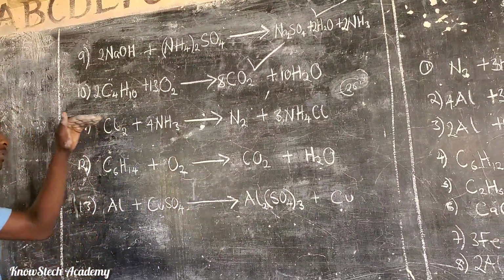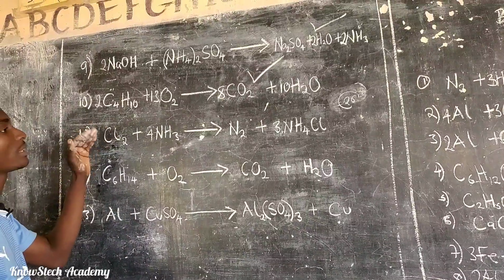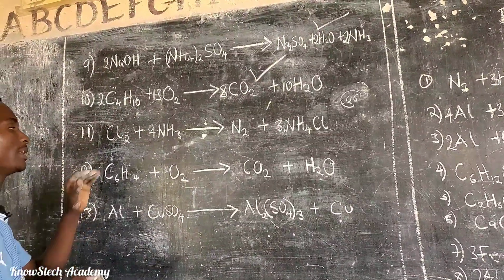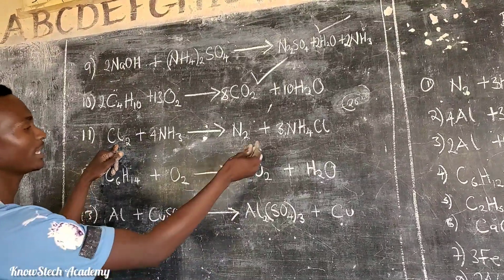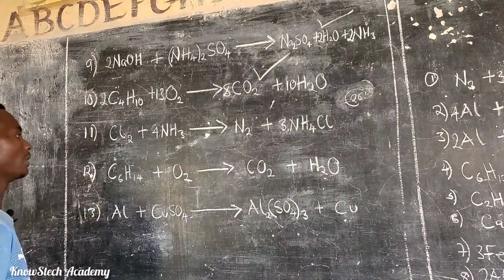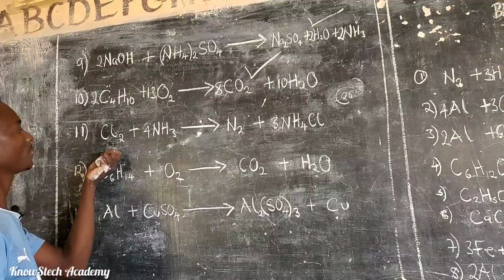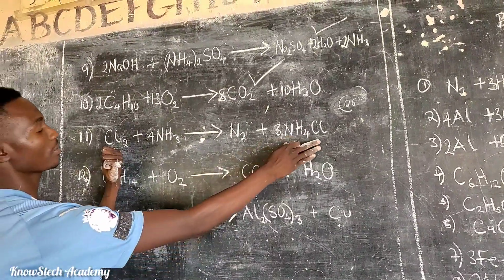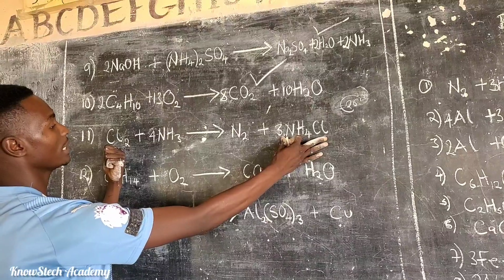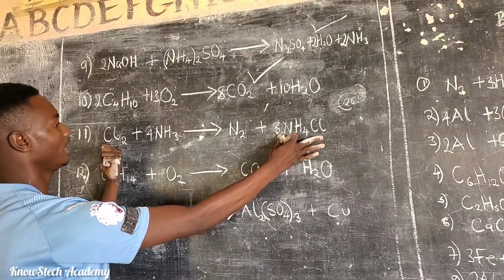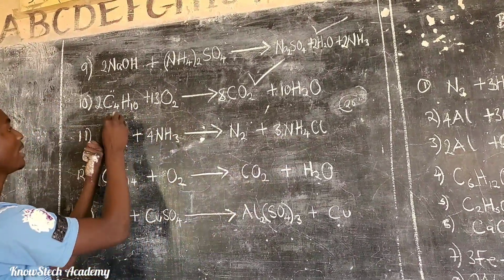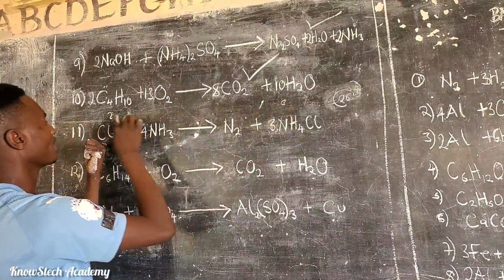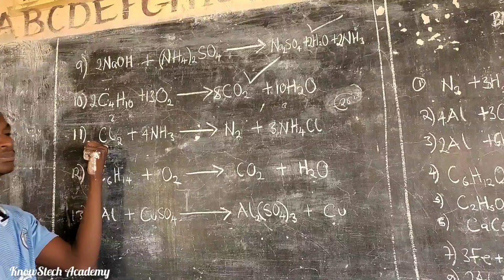Then you double check the atoms that have been affected. Chlorine has been affected, and nitrogen also has been affected. So you have 2 atoms of chlorine here. Then this side you have how many? 3. How can you balance the 2?